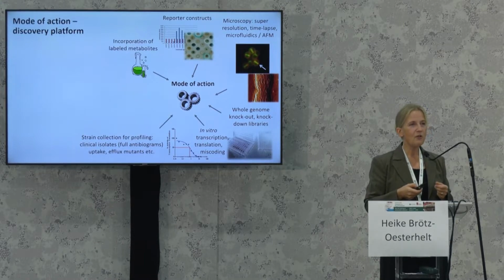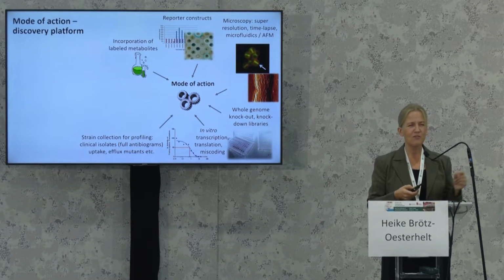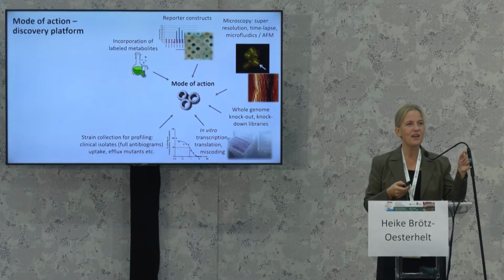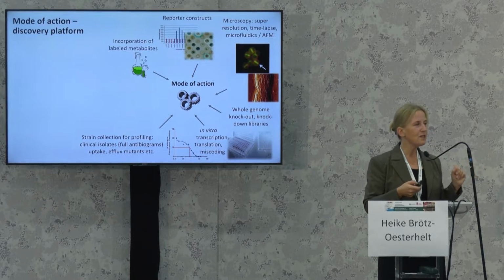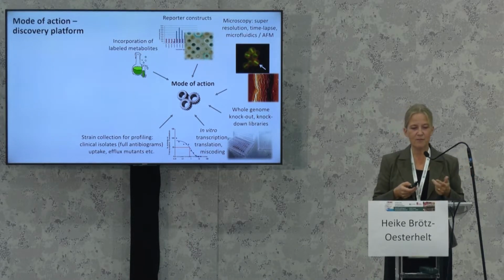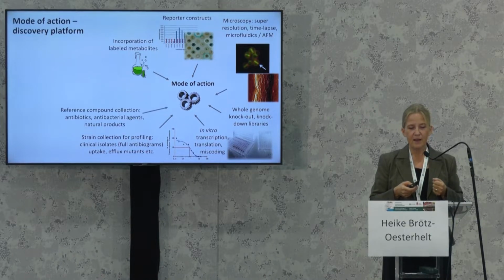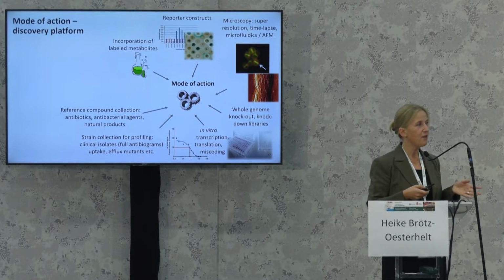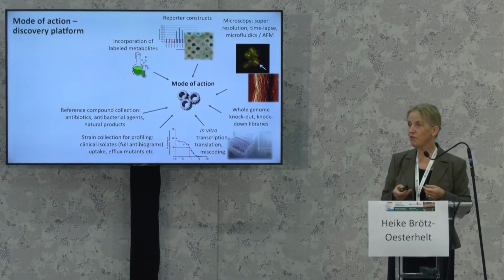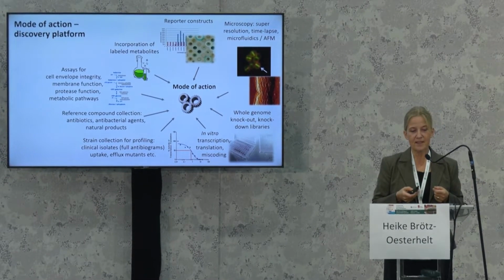We have strain collections, clinical isolates, and also very defined pairs where you can check on certain efflux pumps, for instance, and other particular pairs that you want to investigate. A reference compound collection: Tuebingen is home to about 1,000 natural products that have been selected by colleagues over the years.